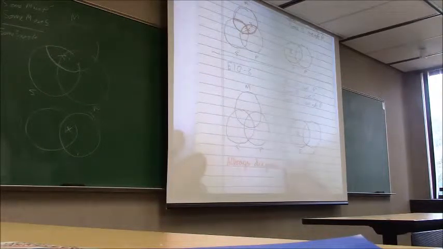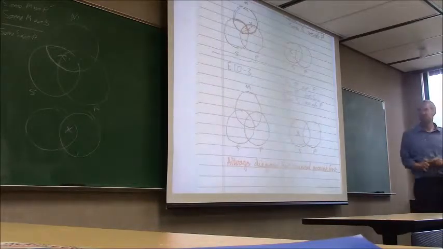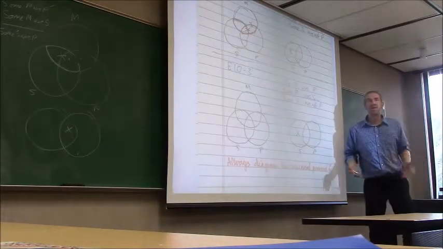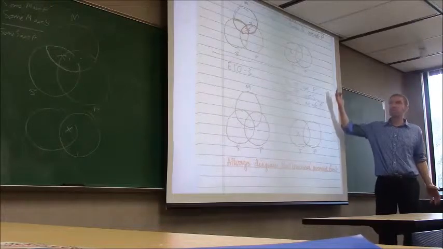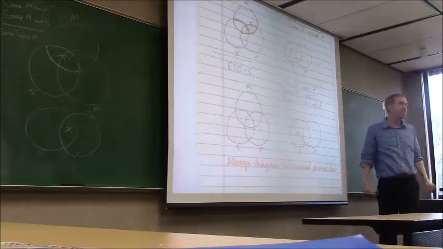Always diagram the universal premise first. That is the rule. Now, of course, that doesn't affect what we did before, because when there's two universal premises, which is what we started out with, it doesn't matter the order.